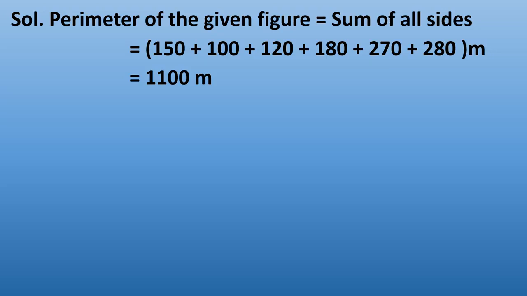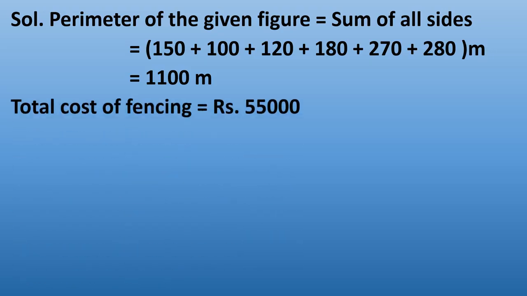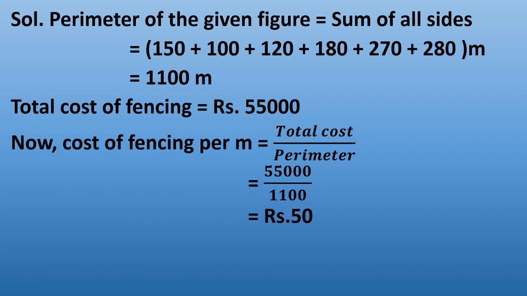And the total cost is also given to us. The total cost of fencing is rupees 55,000. Now the cost of fencing per meter is equal to total cost divided by perimeter, 55,000 divided by 1100. See what we have done till now. When we have to find the total cost, we normally multiply, when the cost of one is given to us and the cost of many is asked.